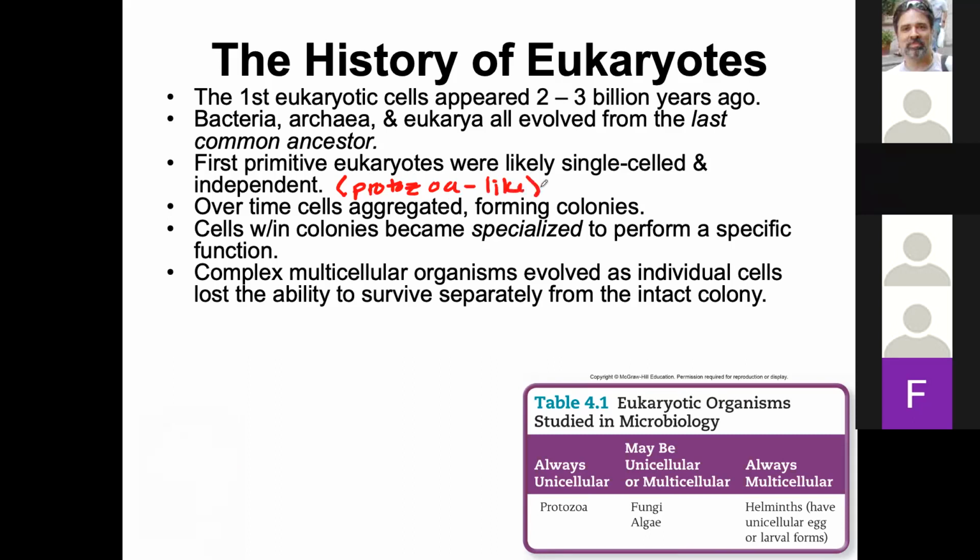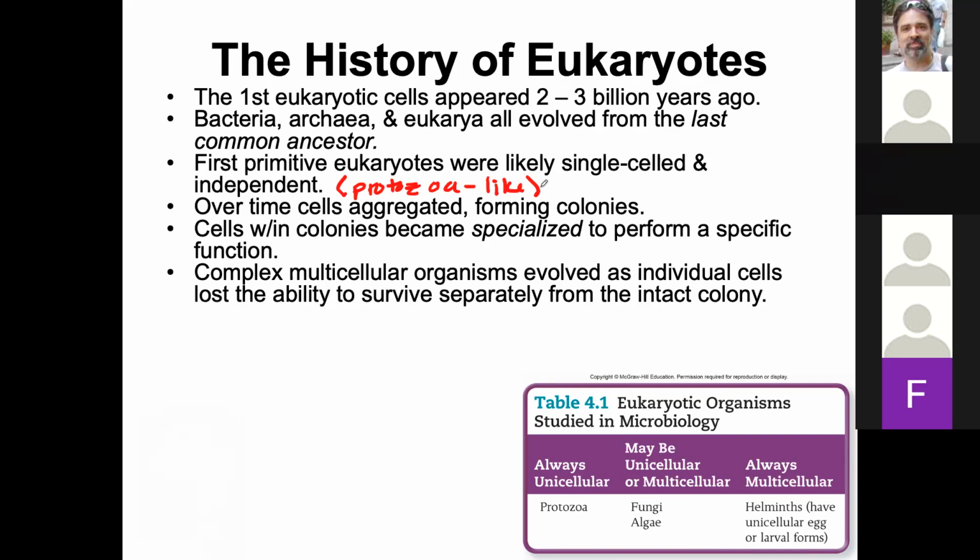Over time, the cells formed colonies, and cells within those colonies got specialized for particular functions. And eventually multicellular organisms evolved from this. So the result is a more complex body plan.